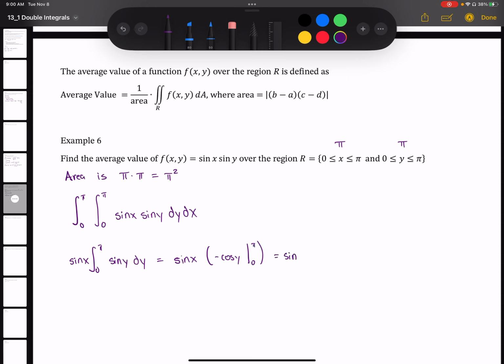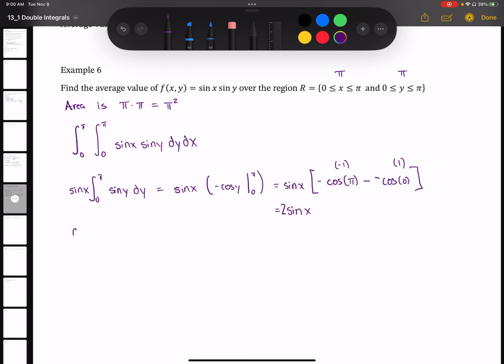We're going to let this sine x just hang out, so negative cosine of pi minus, and this is the key part when we're doing the fundamental theorem, minus negative cosine 0. And so this is going to be sine x times, the cosine of pi is negative 1, and the cosine of 0 is 1, so that's 1 plus 1, which is 2. So we end up with 2 sine x.